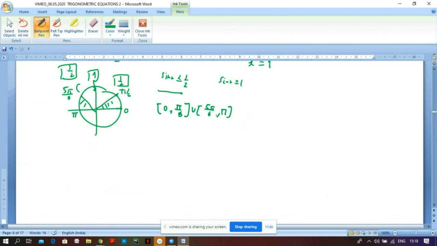And sine x equal to 1 is just one number in the interval, x is pi over 2. So the whole solution is written like this: your set of solutions is 0 to pi over 6, union 5 pi by 6 to pi, and union this number pi over 2. So that is your answer. So this answer we found for the set of all solutions.